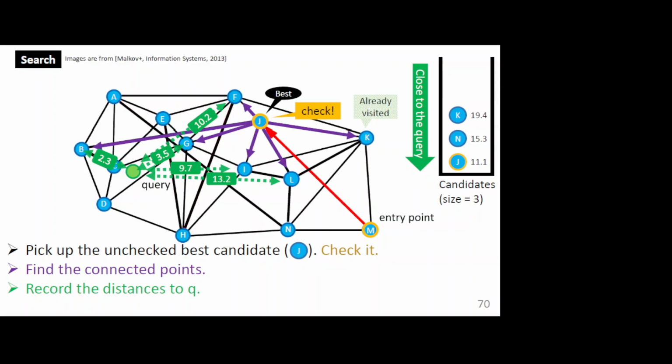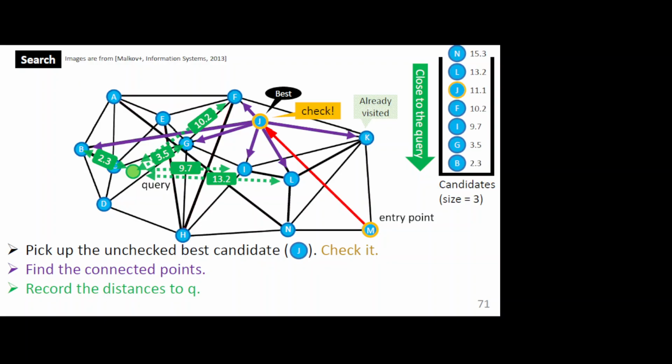When we visit a node, we also mark it, but here you don't see it highlighted in these slides. If it's already visited, you don't need to compute the distance again. So K is already visited, and we can ignore it, and we only calculate the distance for the others, B, F and so many points.